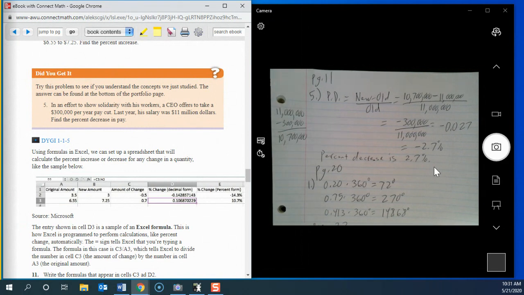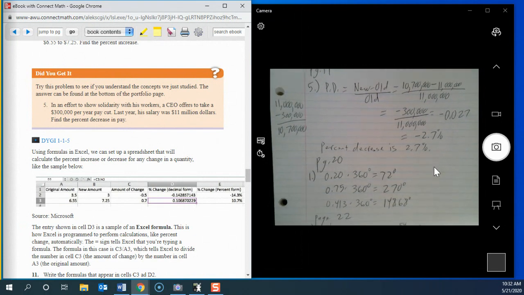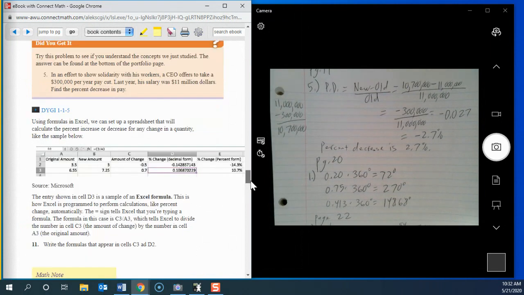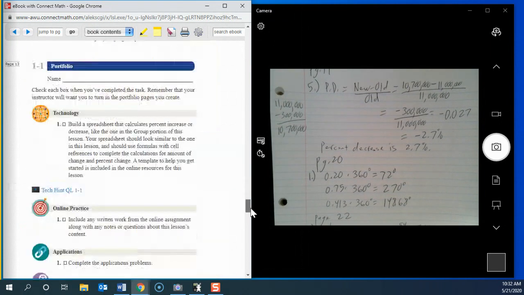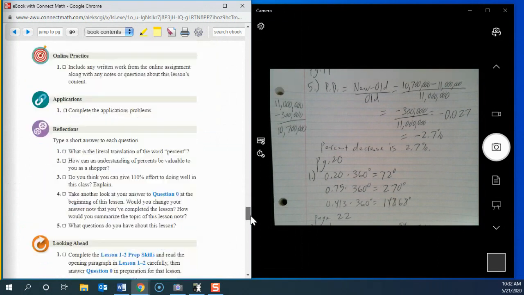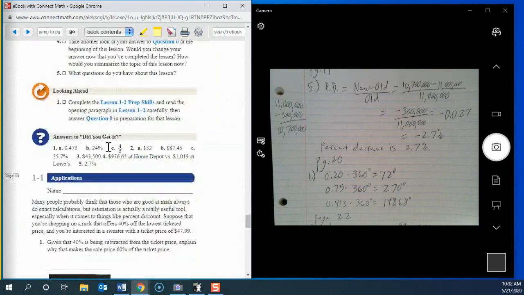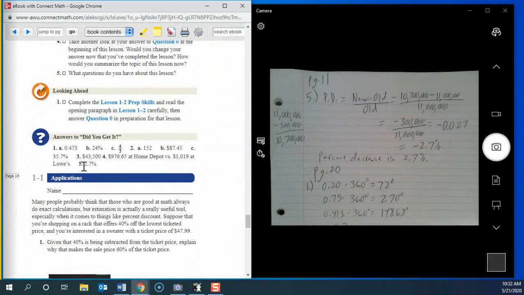So your final answer will be positive because percent decrease assumes that it's a negative. All right, so now just to go back to this portfolio page, just so that you all can see it, on page 13, the answers to the Did You Get It is on this portfolio page. And as you see, number 5 here is 2.7%.